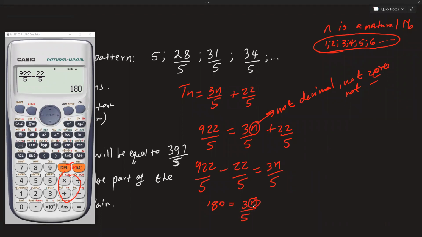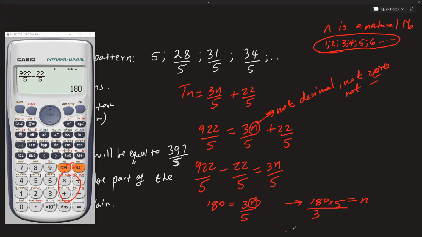Remember to isolate, I showed you what to do. So you write 180, and then this side you're just going to be left with n. The 3 is multiplying the n, so this side is going to divide, right? The 5 is dividing the n, so this side you must multiply. You do the opposite of what it does.